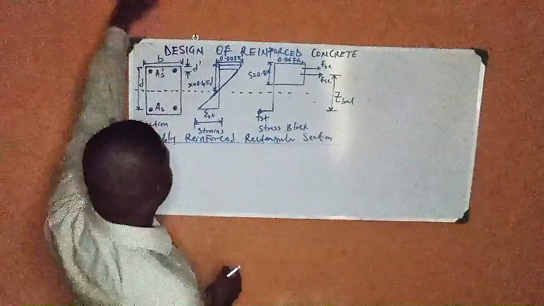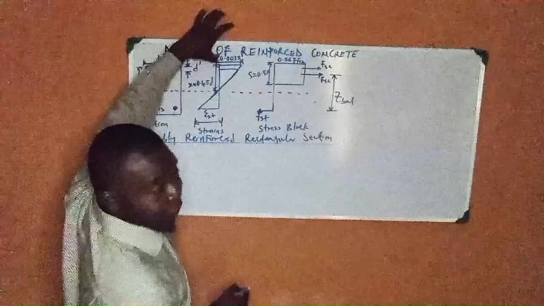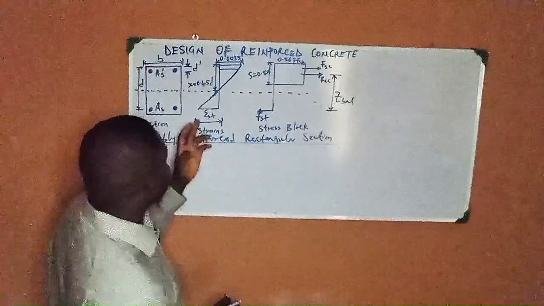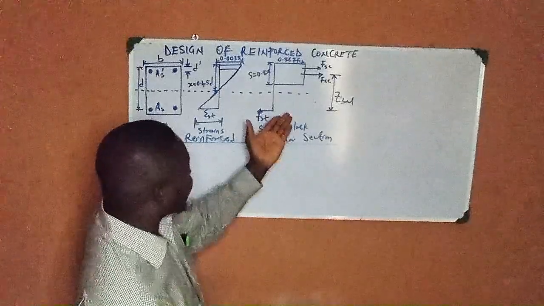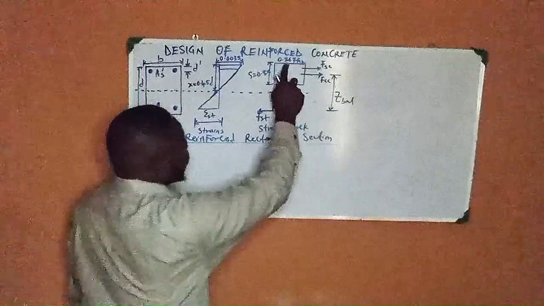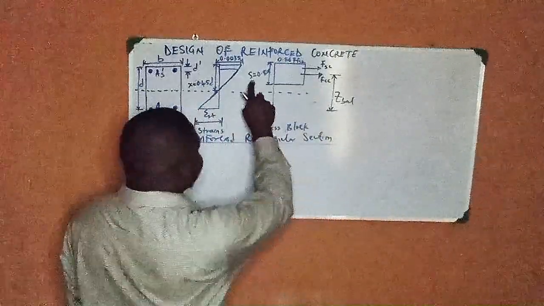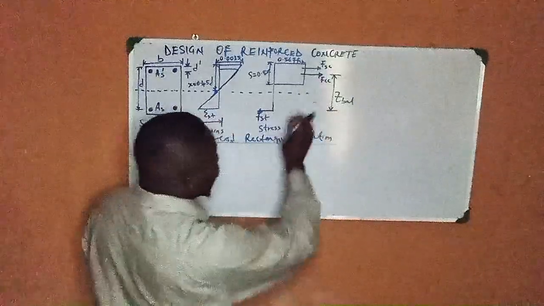Now you can see the strain diagram. You can see the maximum strain of concrete, 0.0035. You can see the strain of the steel. You can see the stress block. Look at the maximum stress we have in the stress block, 0.567 fck for the concrete. You can see your s value is equal to 0.8x. Now there is something here in this very place.